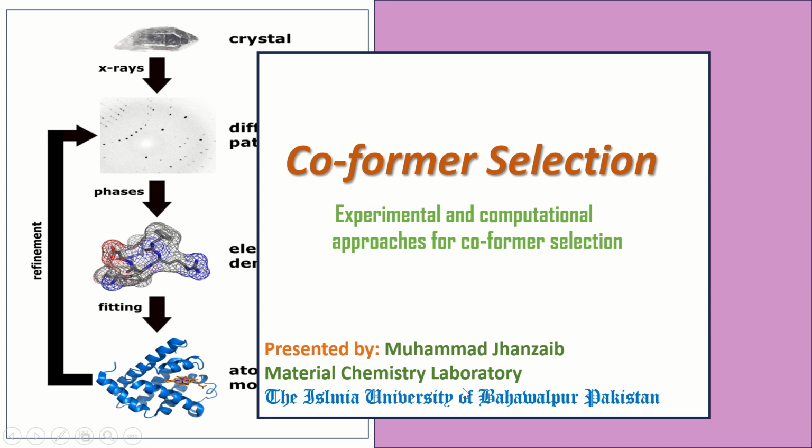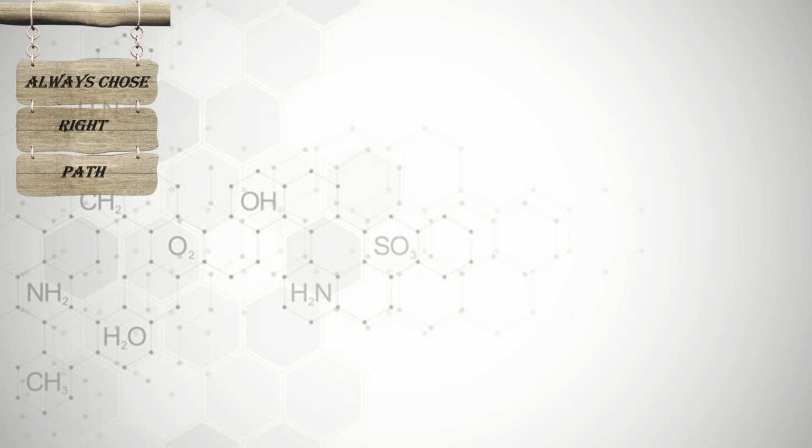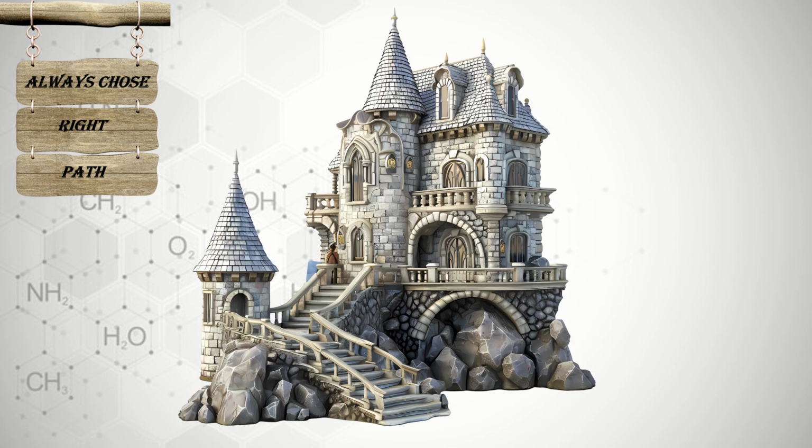Let's start with this: first of all, always choose the right path if you are doing any part of your experimentation and any study. For example, here is a castle, and this crystal is your success. For this success there are two paths.